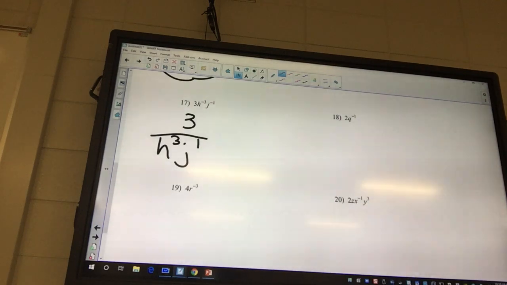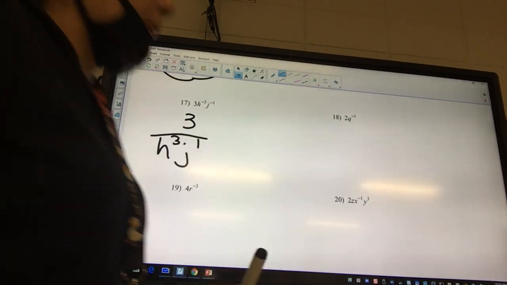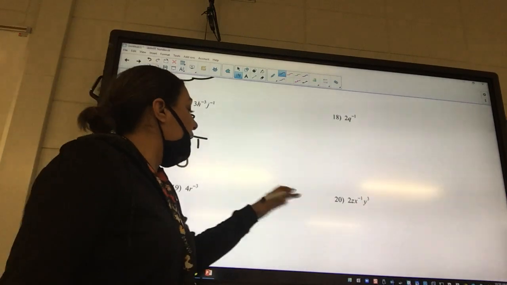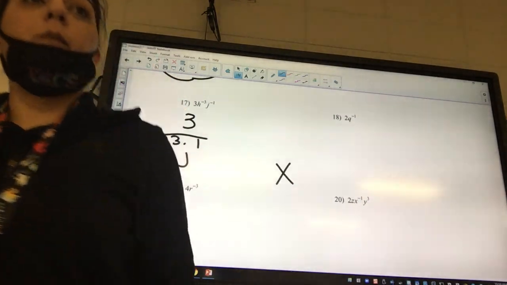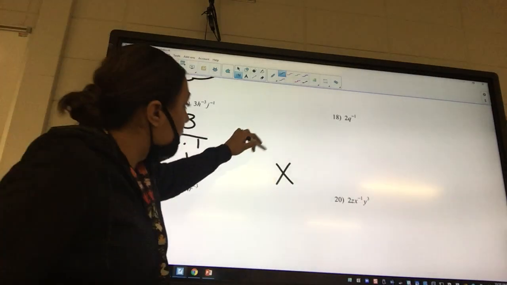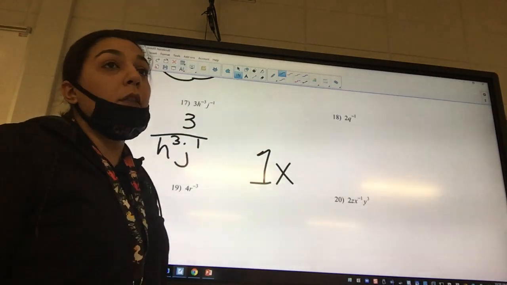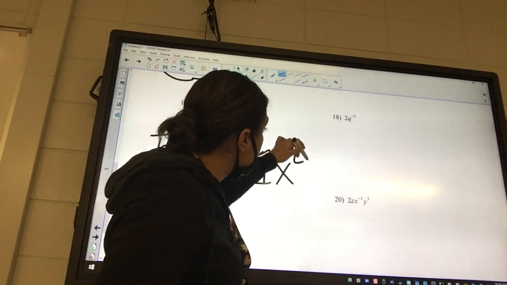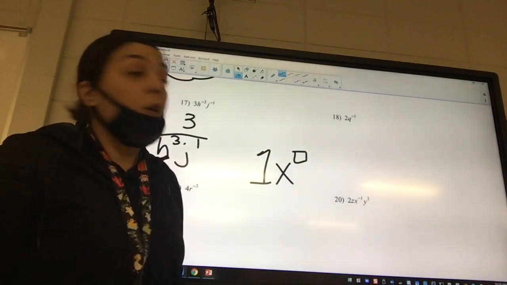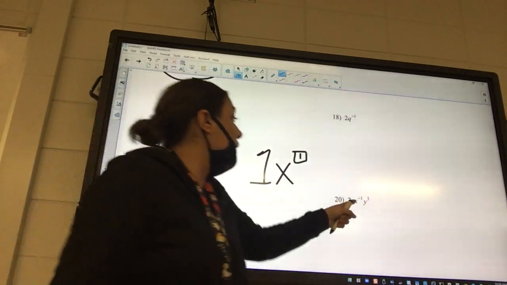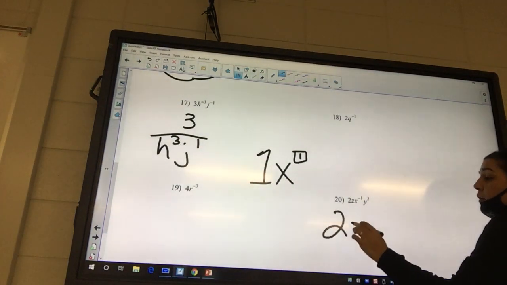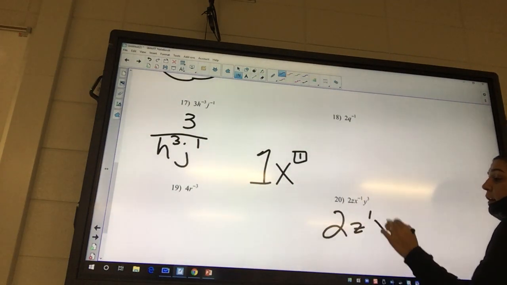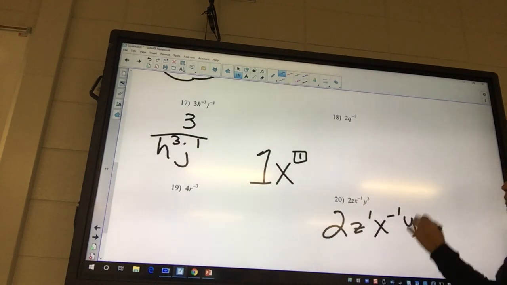Yeah. I think we talked about this, but if we have any letter, say x, what is the big number in front of it? 1. What is the little power with it? A 1. So when we have something like 20, it is really 2z to the 1, x to the negative 1, y to the 3.